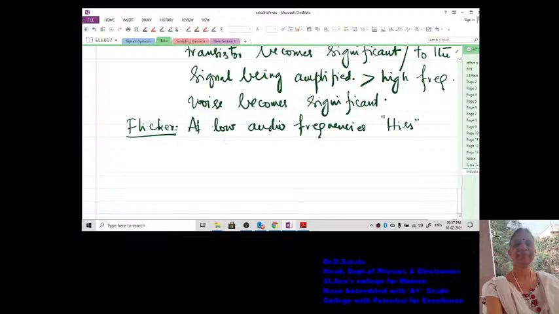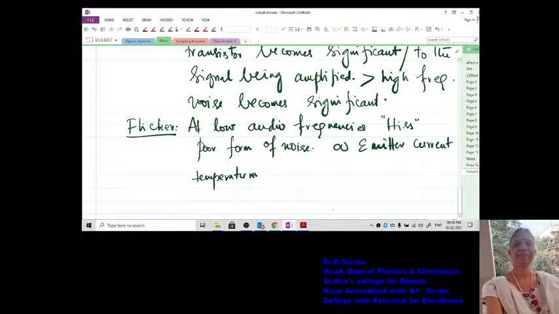That sound is flicker noise. This is the poorest form of noise. It is actually proportional to emitter current and junction temperature. So these are all the different noises.